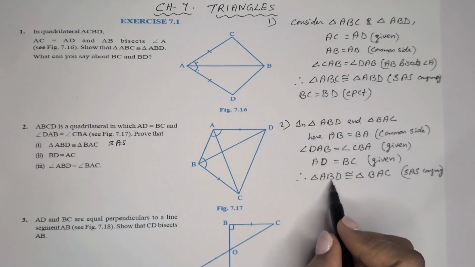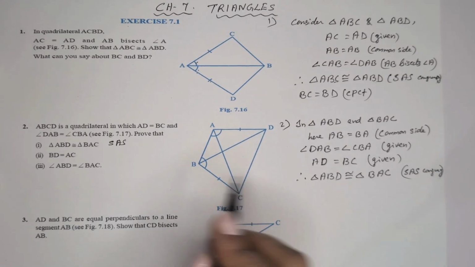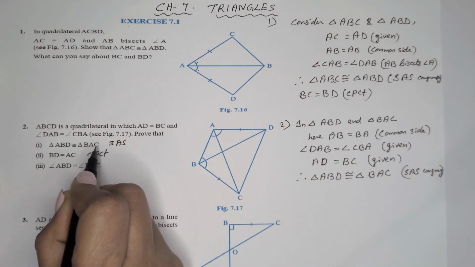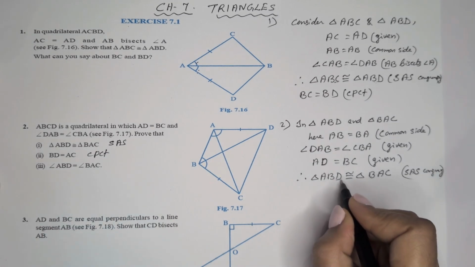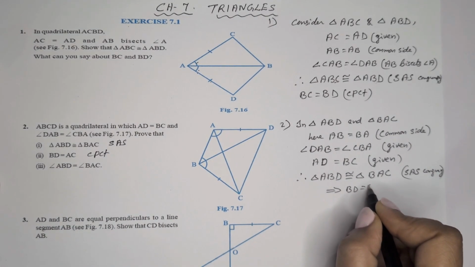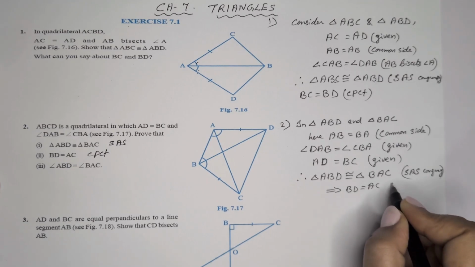Then next, BD is equal to AC. That is coming from CPCT. Once we proved that, the corresponding parts are equal, which implies BD is equal to AC by CPCT.